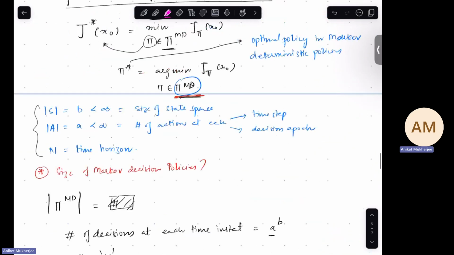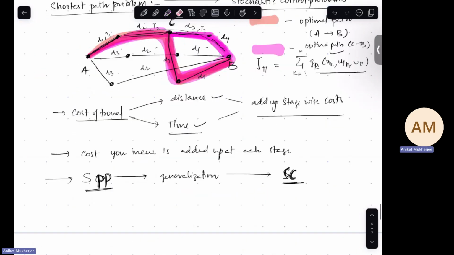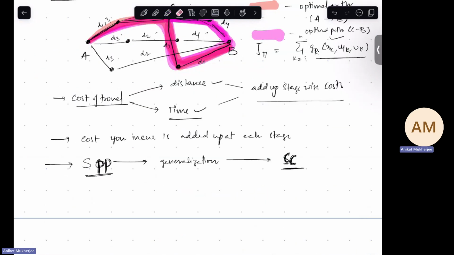Okay. This we'll discuss in the next class, and also we'll discuss dynamic programming. We'll do a proof of optimality for dynamic programming.